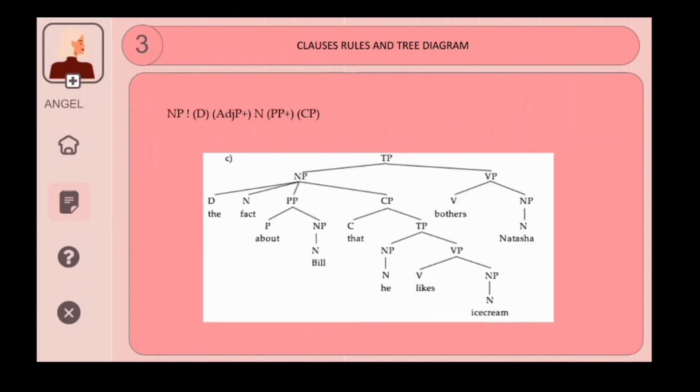Next rule is the last one. The rule is noun phrase to D, or the determiner, and then the adjective phrase plus noun, and then prepositional phrase plus, and then complementizer phrase. So the noun phrase is "the fact about Bill," and then the complementizer "that," he likes ice cream, bothers Natasha.